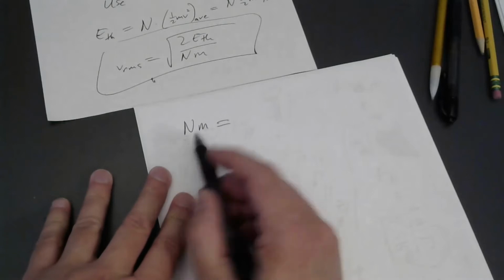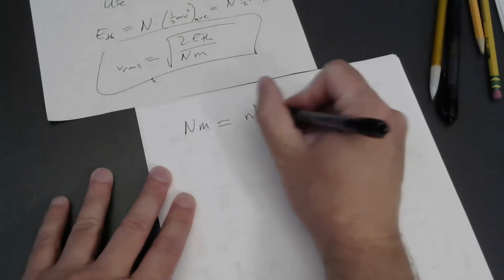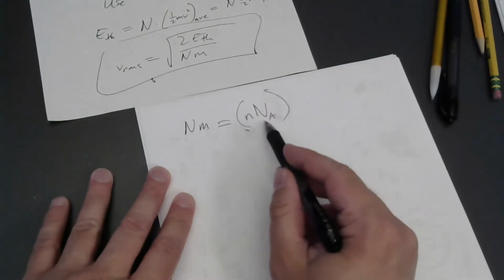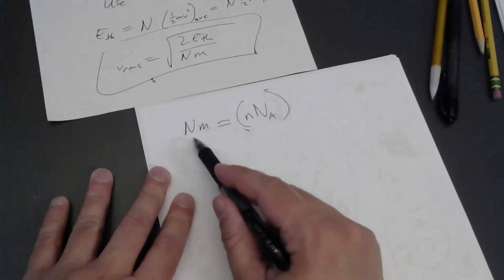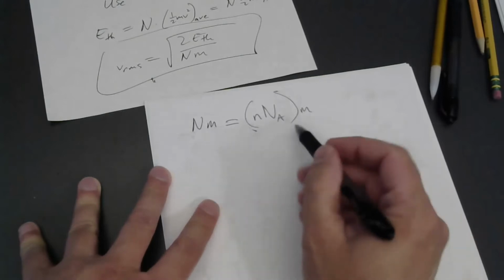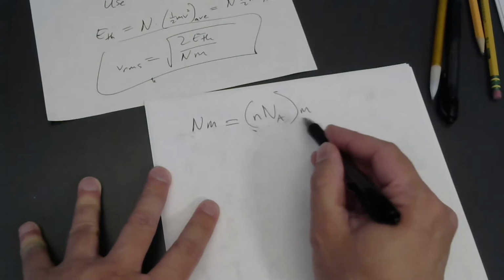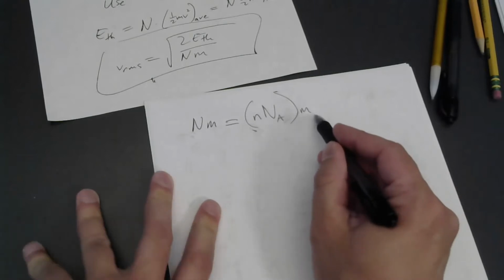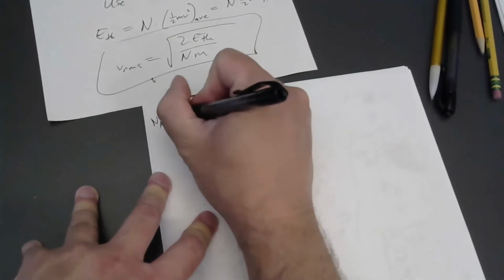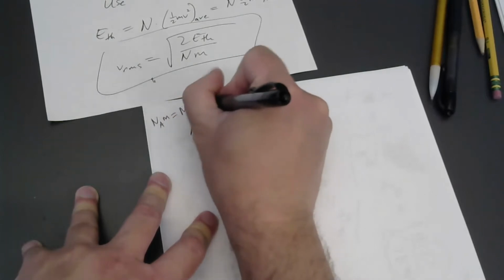Wouldn't the total number of particles be the number of moles times the number of particles in a mole? This is capital N. Number of moles times how many particles are in a mole would be the total number of particles. And then I can do this. I could take the number of particles in a mole, Avogadro's number, times the mass of each particle, and that would be the mass per mole.